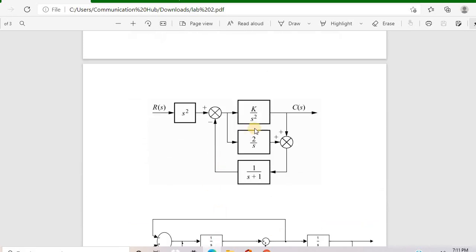Now this is a bit difficult here, because look here, these two are parallel, then a feedback. So this is a tricky one. I leave it to you to carefully solve this one, because if you add it and then feedback, it will be wrong, because the output will be different.